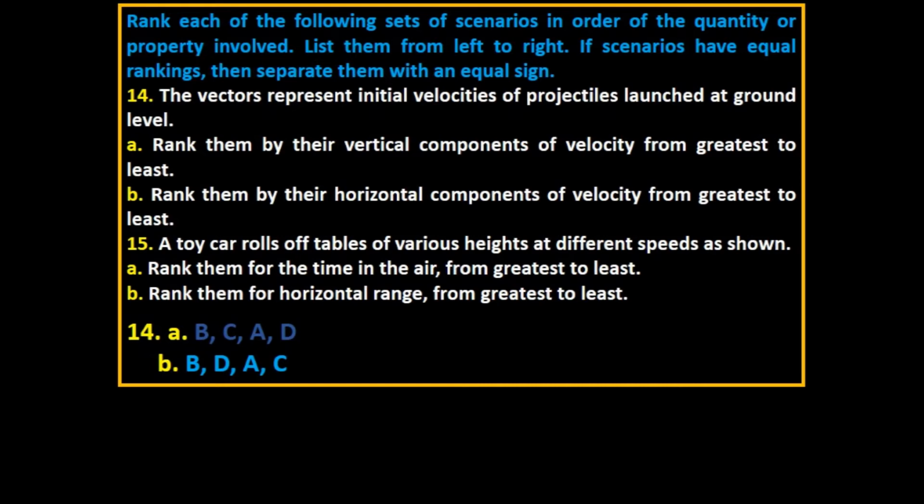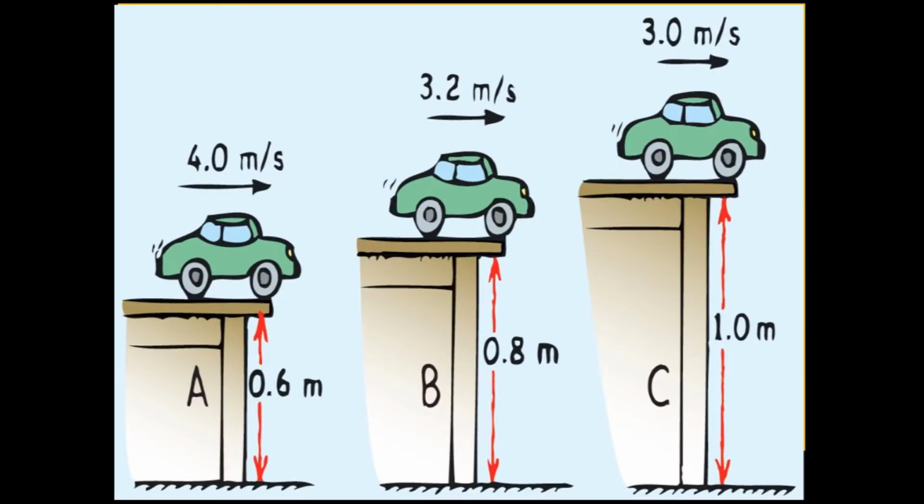Okay, 15. A toy car rolls off tables at various heights at different speeds as shown. Rank them for the time in the air. Okay, so the one on the right will take the longest to go to ground, and then it would be 0.8 and then 0.6.